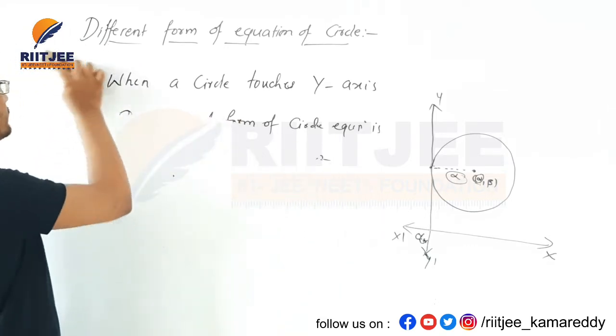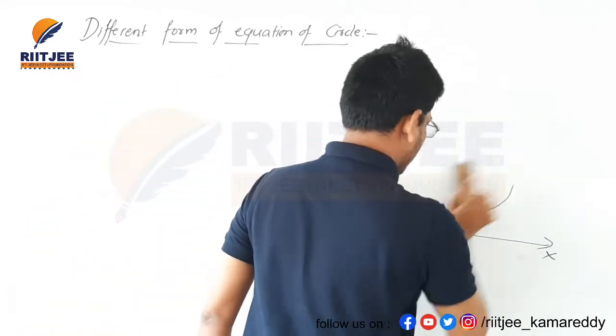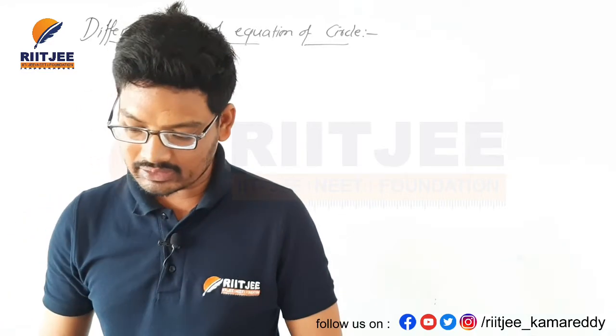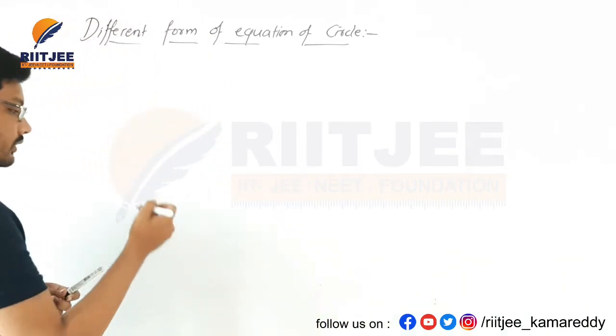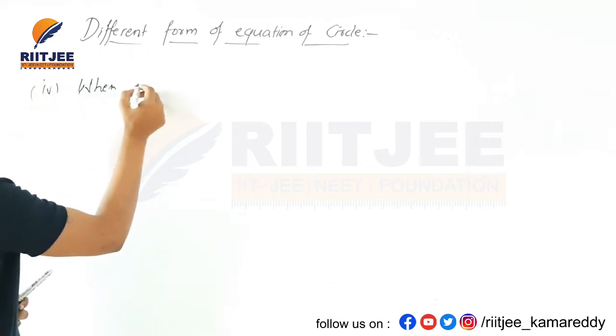And the fourth type of circle equation is when the circle touches both axes.